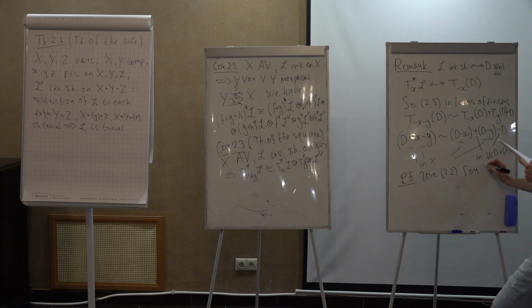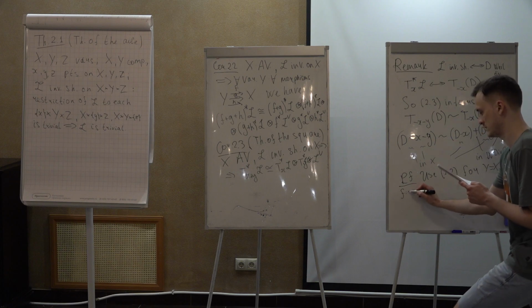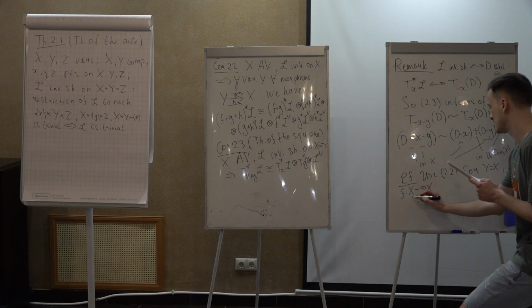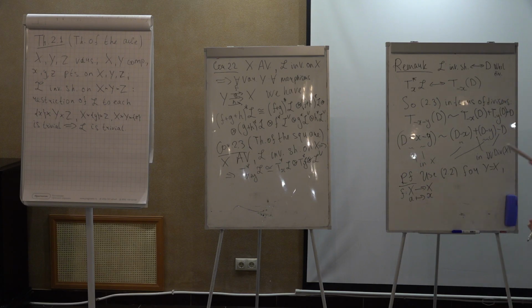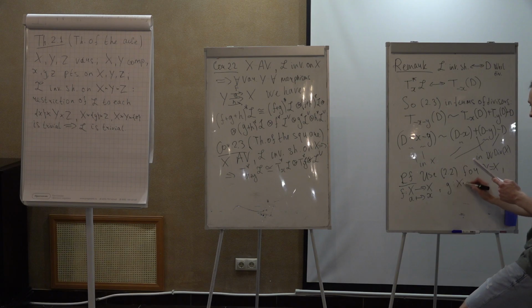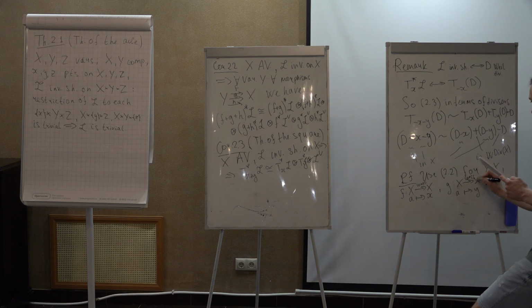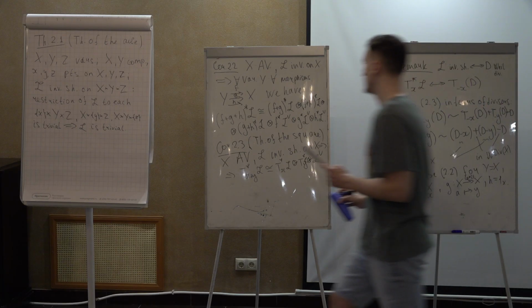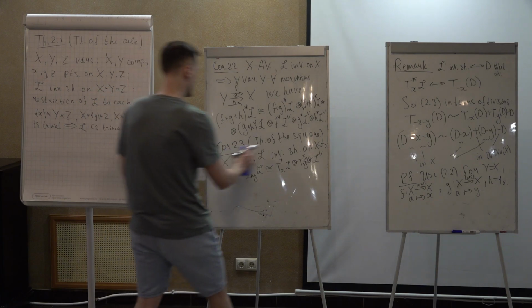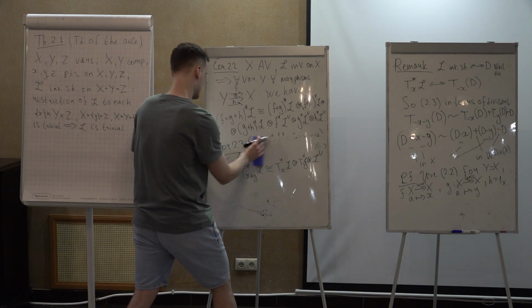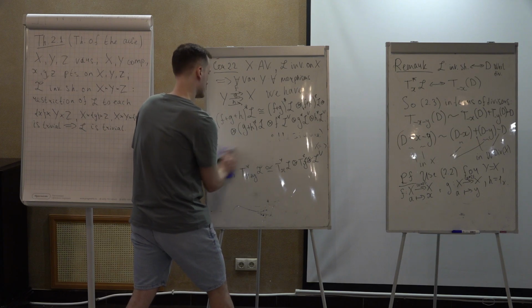So we take y equals x, f is constant to x, g is also constant, so it's constant, and h is just identity. And let's see what we will get for these morphisms.